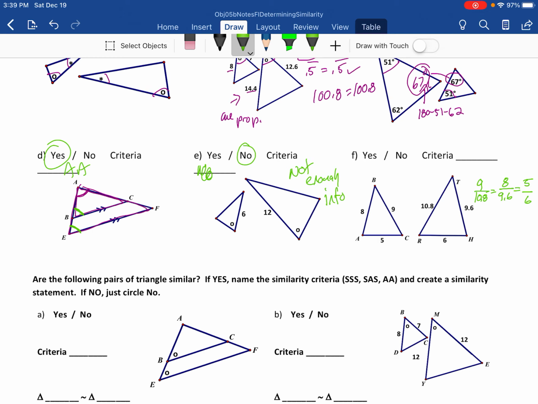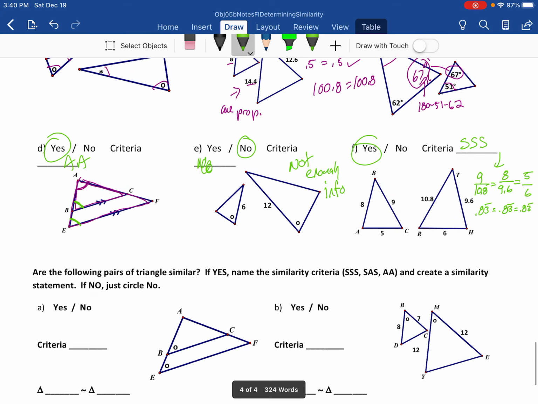I can use division. 9 divided by 10.8 is 0.83 repeating. 8 divided by 9.6 is also 0.83 repeating, and 5 divided by 6 is also 0.83 repeating. So this is going to be yes, by side-side-side, because the sides are proportionate.